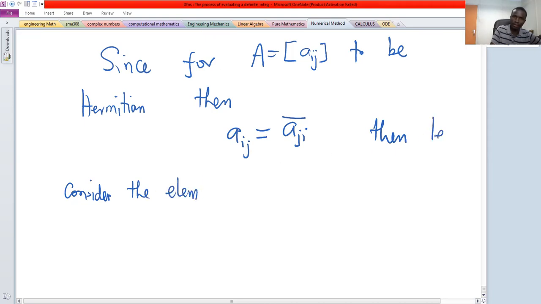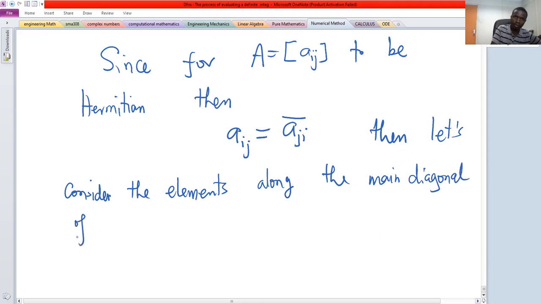Then let's consider the elements along the main diagonal of A, i.e., the case when i equals j.